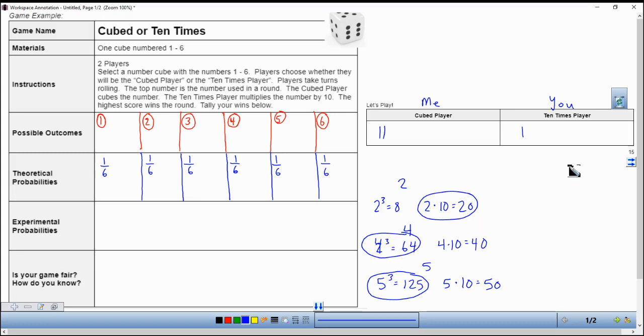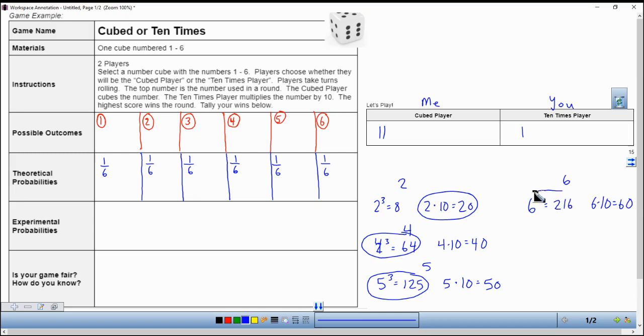Okay, roll a 6, a different number. Put the 6 right here. 6 to the third power is 6 times 6, which is 36, times 6 would be 180 plus 36, which is 216. And then your score would be 6 times 10, which is 60.